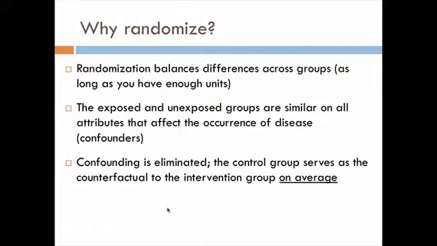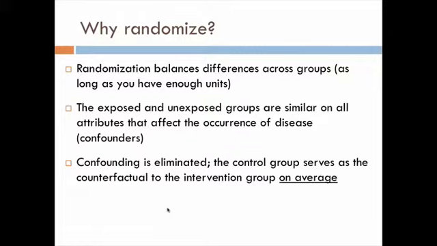It's not like people have purposely gone to one group because of their likes or their dislikes or whatever it is. You have forced them to separate and to be in these two groups where overall, on average, the distribution of third factors or confounders are balanced across these groups. So what happens?